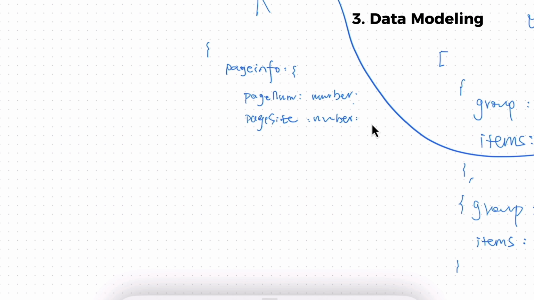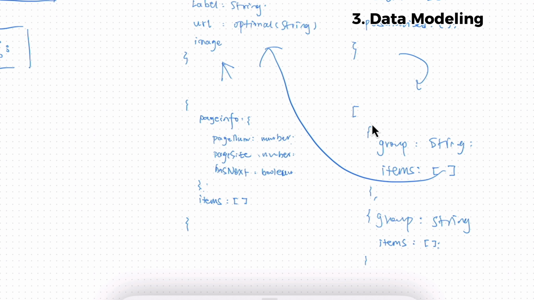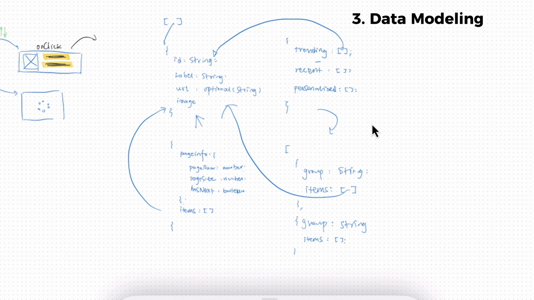And next is normally one of the fields in the page info as well, which is a boolean. And this is the page info, and alongside the page info you will have the items list, and this is the normal result, and the list info will be the list here.